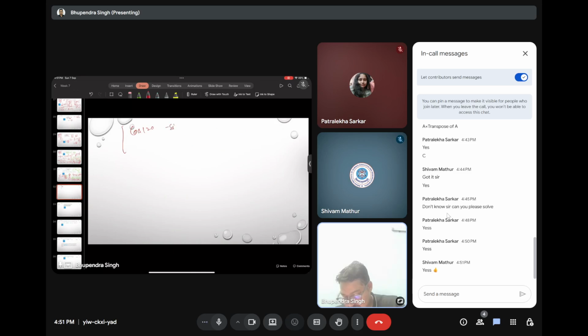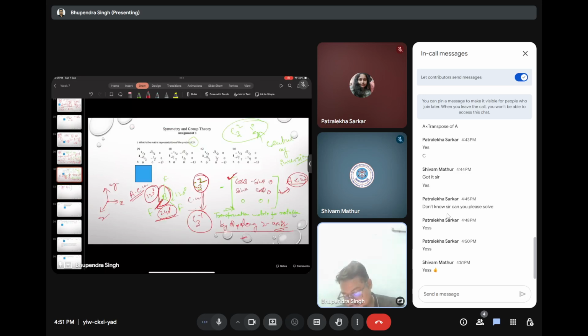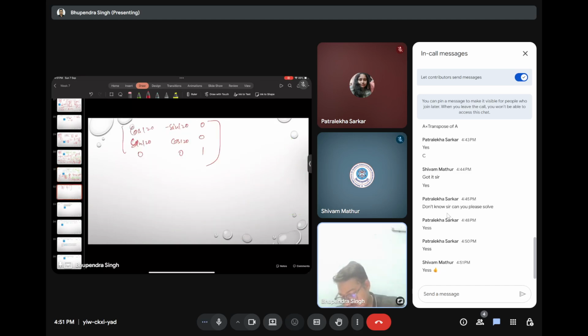Cos 120, minus sin 120, 0; sin 120, cos 120, 0; 0, 0, 1. C3 2.